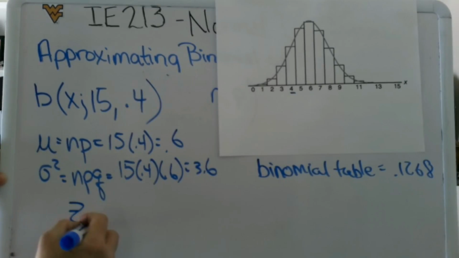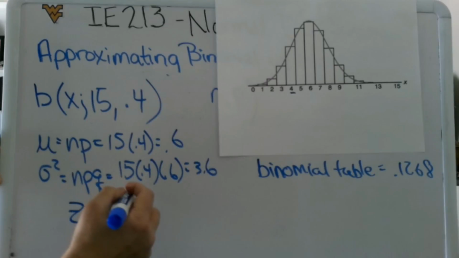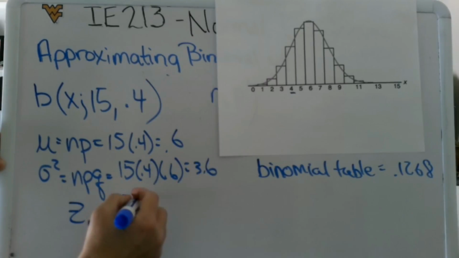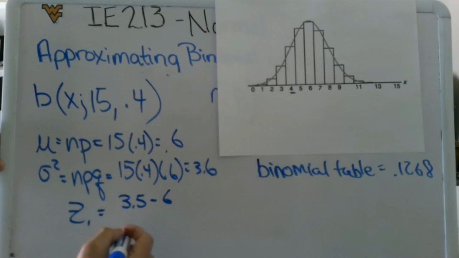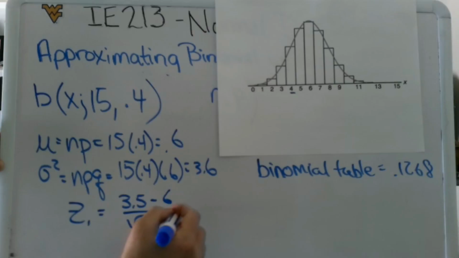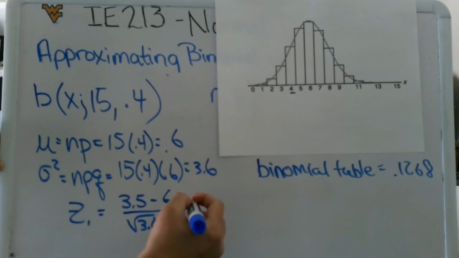values. We have a z value 1, and that's going to be 3.5 minus 6 divided by the square root of 3.6, and this value is a negative 1.32.